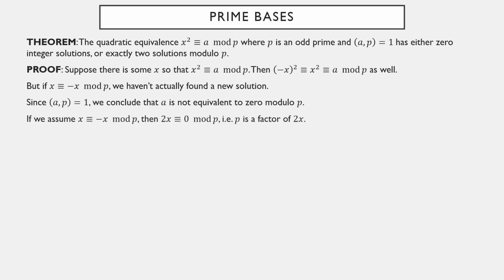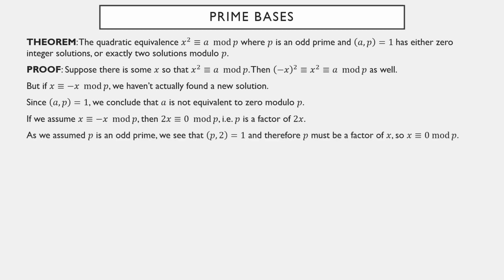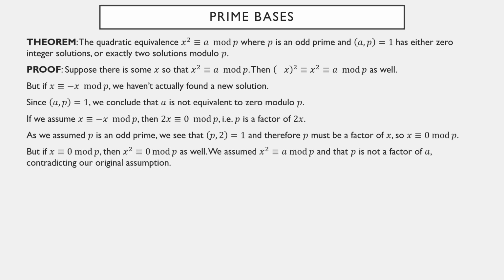So therefore, if we assume x is equivalent to negative x mod p, then 2x is equivalent to 0 mod p. In other words, p is a factor of 2 times x. p was odd, so it's relatively prime to 2, and therefore it must be a factor of x, and therefore x must be equivalent to 0 modulo p. But if x were equivalent to 0 mod p, so would x squared be.